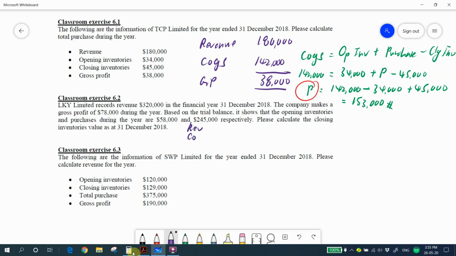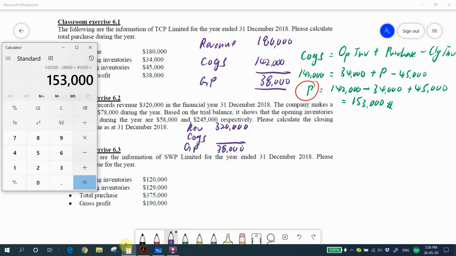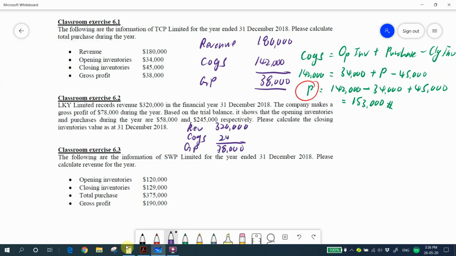We have revenue, COGS, and gross profit. Revenue 320,000, gross profit 78,000. So the COGS will be 320 minus 78, which gives 242,000.